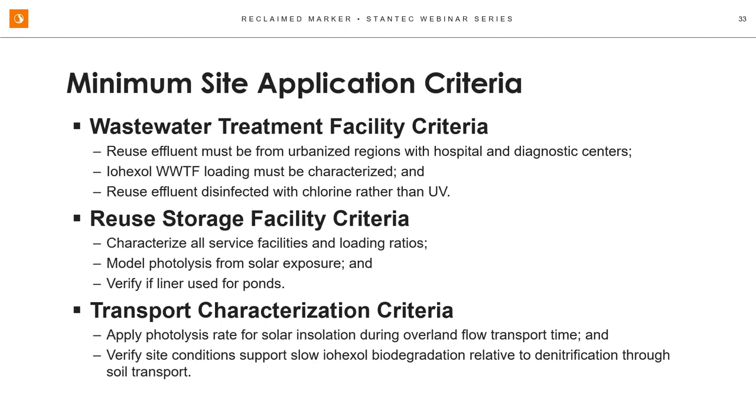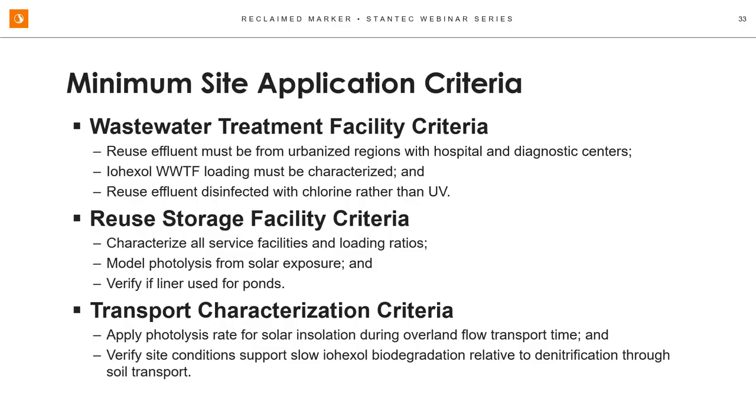When we studied this, we didn't really do enough work to be able to characterize what might be going on at other sites. We did see 90% reduction of nitrate and about 30% reduction of iohexol when we just did our soil column experiments without adding carbon to try to drive denitrification.